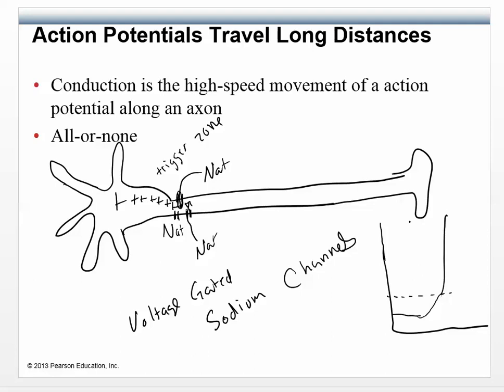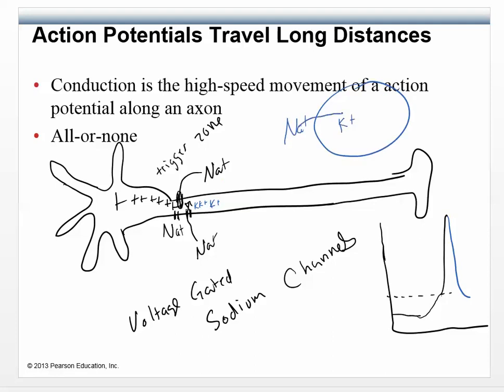Now I'm going to jump ahead here, just to let you know it doesn't end there. It then repolarizes very, very quickly. The repolarization happens because, remember, the cell was full of potassium to begin with. Sodium is high on the outside, potassium is higher on the inside.